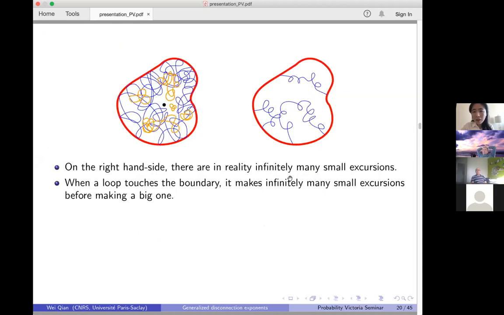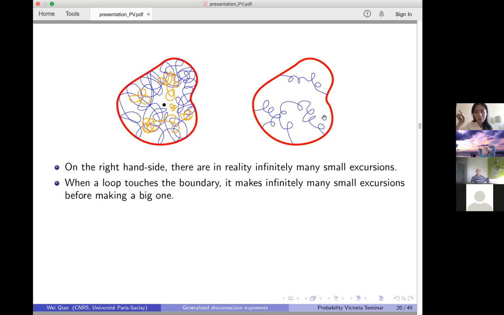So often some people, when they first see this result, they have some questions because on the left-hand side, you have loops. And on the right-hand side, when I draw in the sketch, you feel like you just have excursions and they do not connect into loops. But in fact, in reality, on the right-hand side, there are infinitely many small excursions, very small, on the boundary. I cannot, of course, draw them by hand. And on the left-hand side, when a Brownian loop touches the boundary, it makes infinitely many small excursions before making a big one.